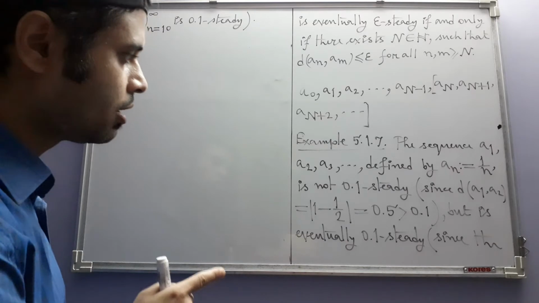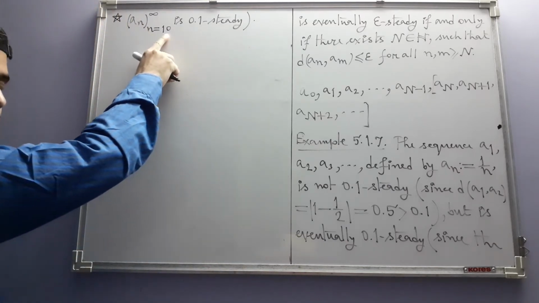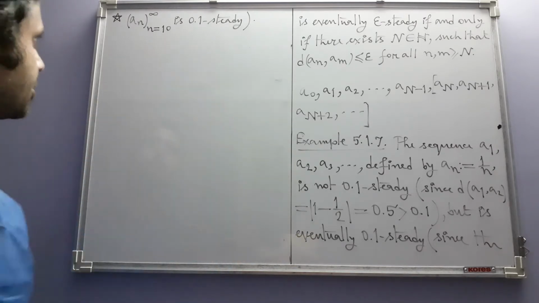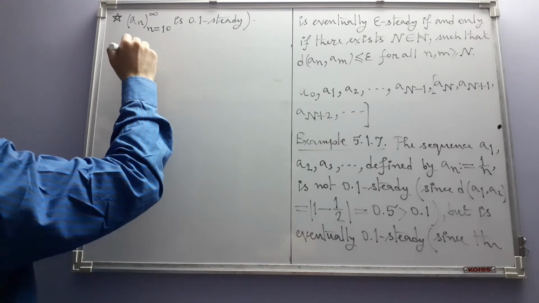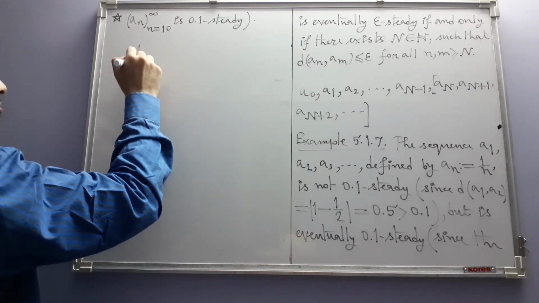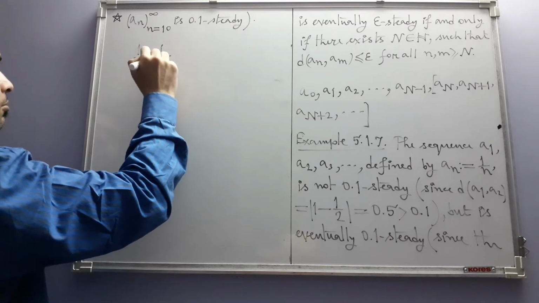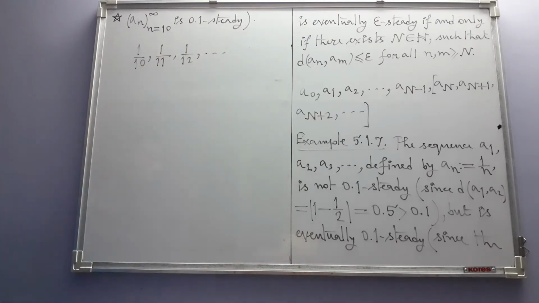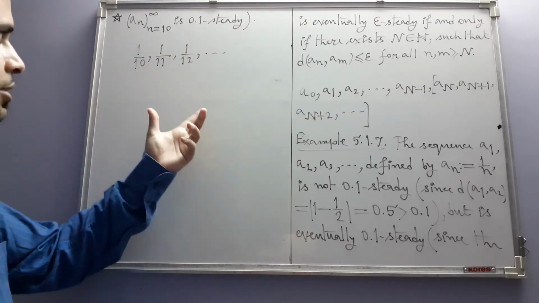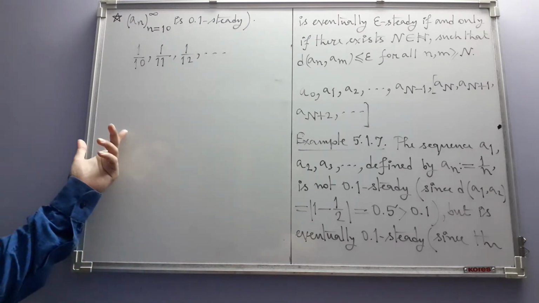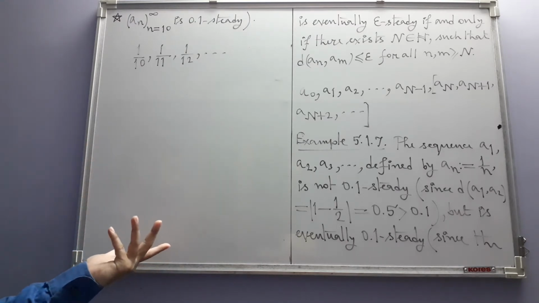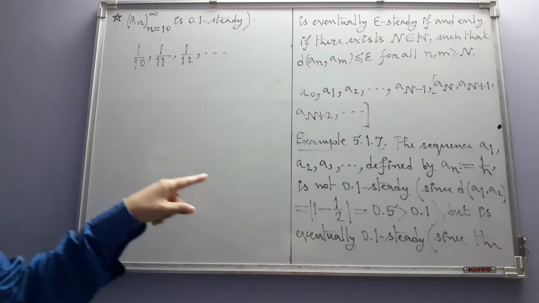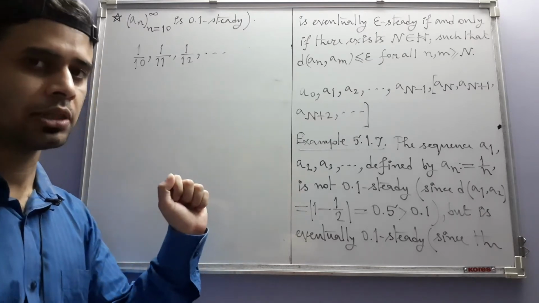So for this particular case, that value of capital N can be taken as 10 or any higher value. Okay, you can verify why this happens. Here the terms will look like this. And you will be able to convince yourself that the distance between any two such terms is less than or equal to 0.1, and that makes this 0.1 steady, and hence this makes the original sequence eventually 0.1 steady.